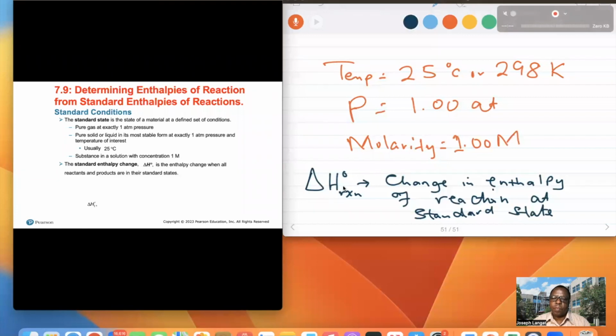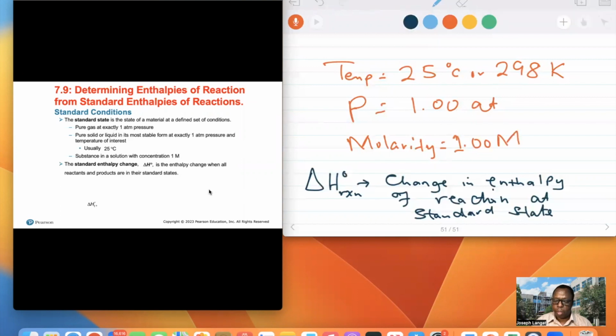Please note, this is different from the one without the superscript. The superscript means the condition is at standard state, temperature 298, pressure 1 atmosphere, and concentration 1 molar.